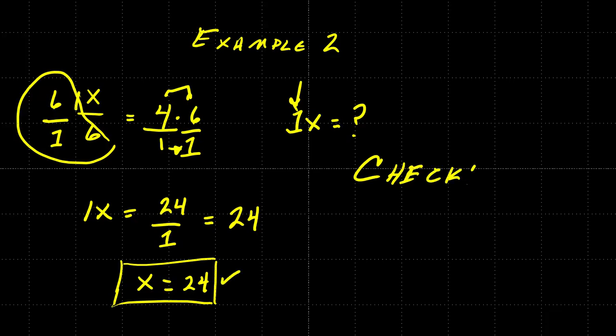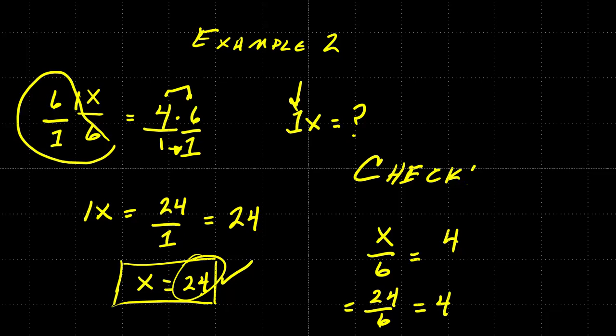We'll take this value of x and put it back into the original equation. The original equation was x divided by 6 equals 4. Take this 24 right here, replace this x with the 24, we'll have 24 divided by 6 equals 4.